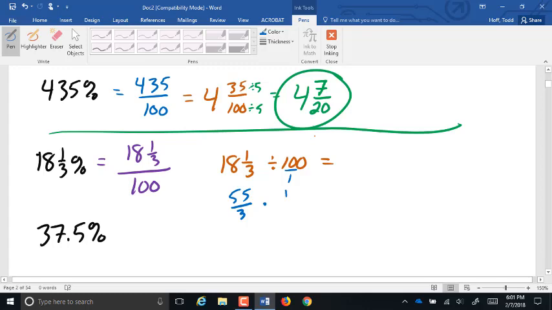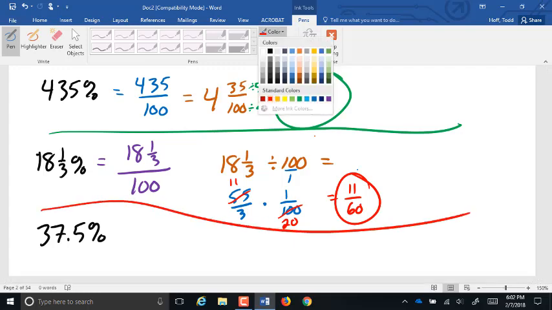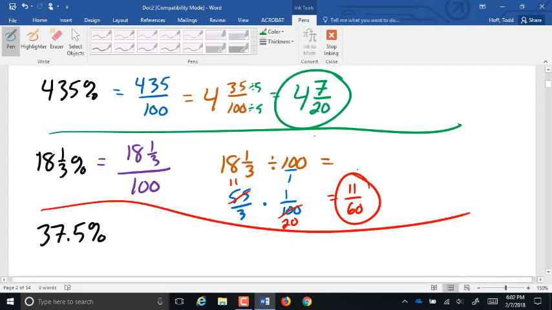Divided by 100 becomes times 1 over 100. We're reduced by 5. Cross cancel the 5. 11 and 20. 11 times 1 is 11. 3 times 20 is 60. It's 11/60. Questions on that one?